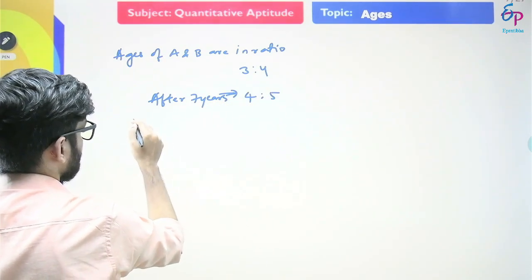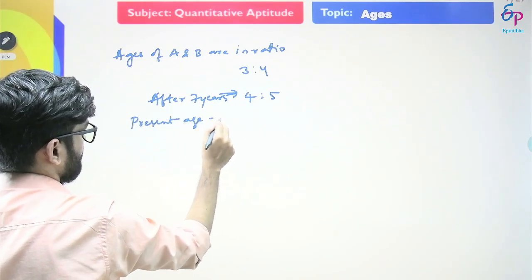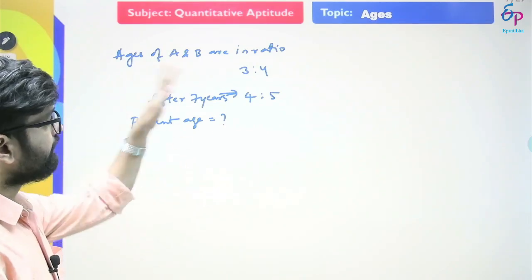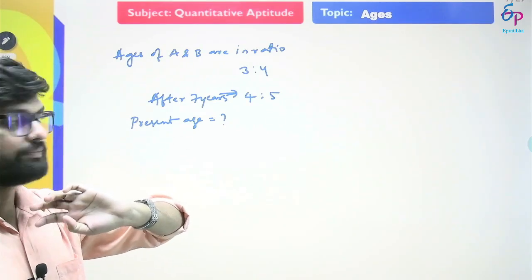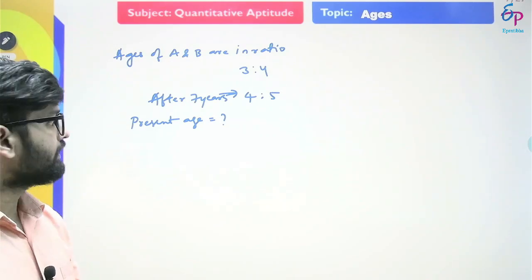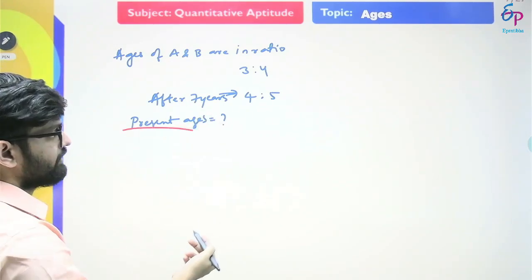What are the present ages I want? Listen here, there are two persons, namely A and B. Their ages are in the ratio 3:4, but after 7 years, if you calculate, their ages are in 4:5. I am asking you to find out the present ages of those two people.